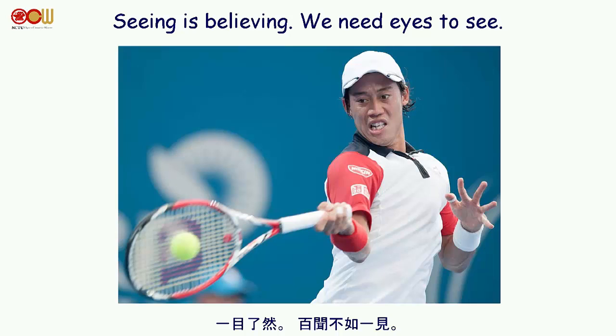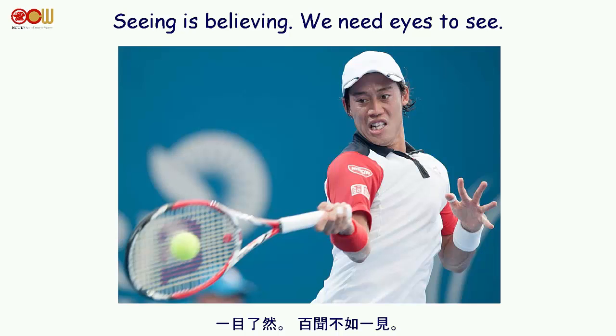And you get most of the information you need from your eyes by seeing things. So seeing is very, very important. So you say the Chinese words here, something like that, then seeing is believing. Okay? So seeing is very important.